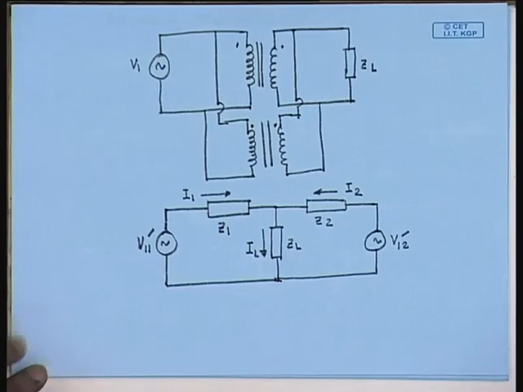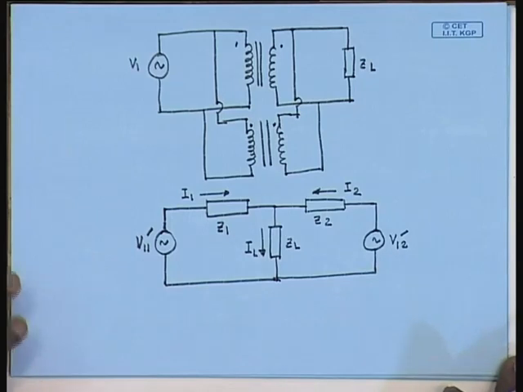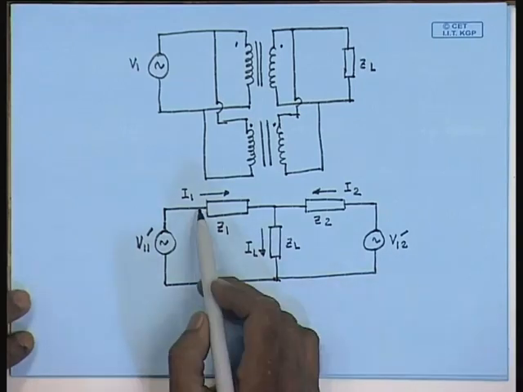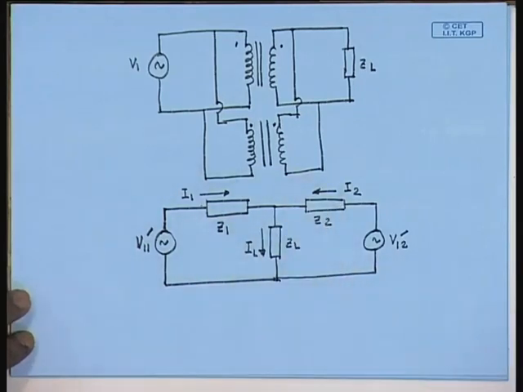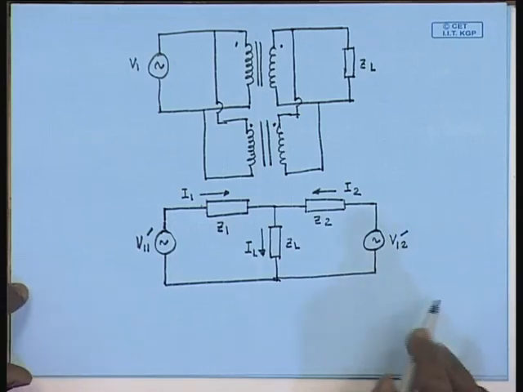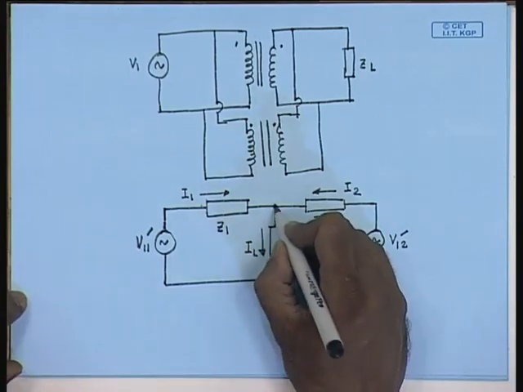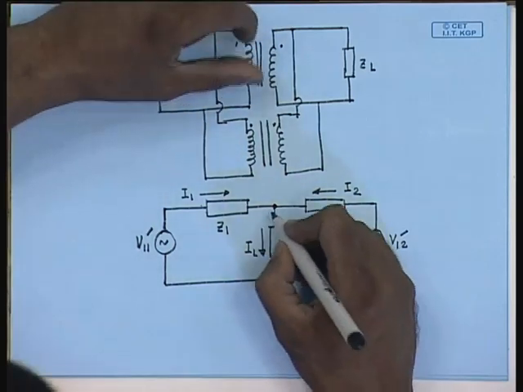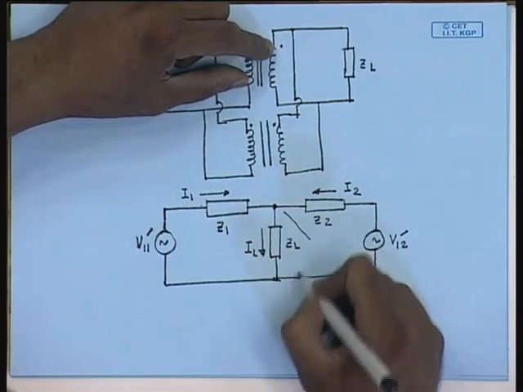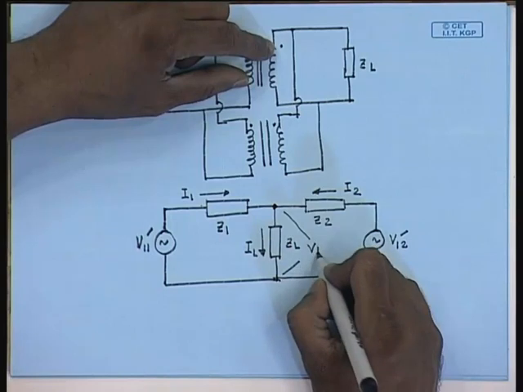The problem is to find out the individual currents I1 and I2 contributed by the transformers when the total load current is IL. In order to achieve that, we can write the node voltage equation at this point, assuming this voltage to be VL.